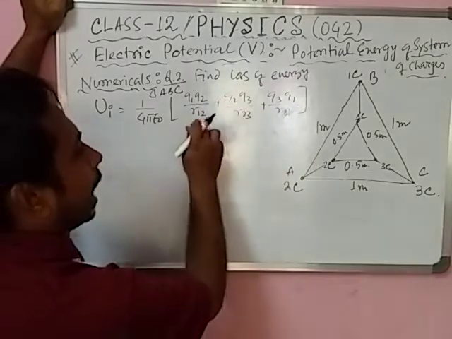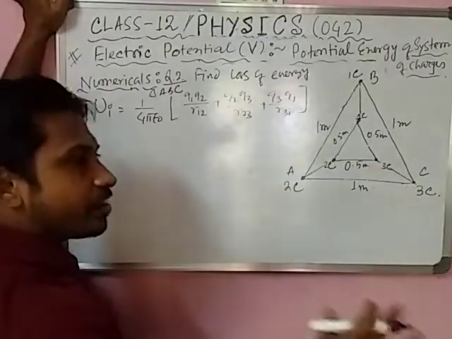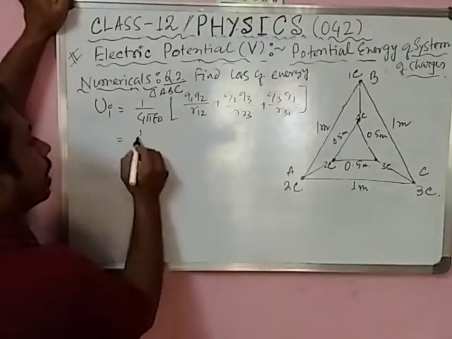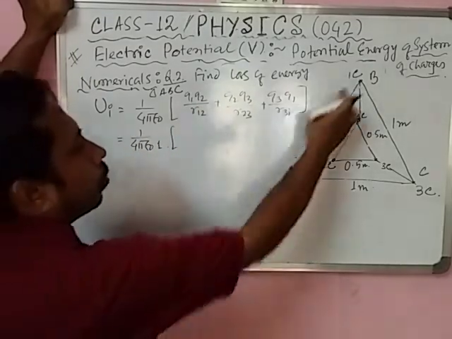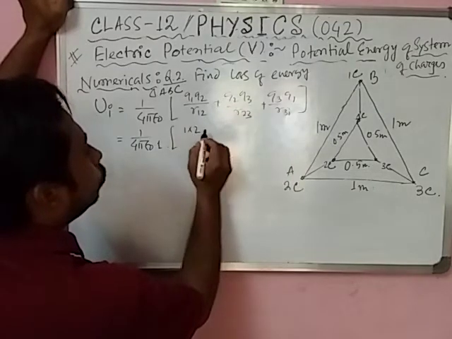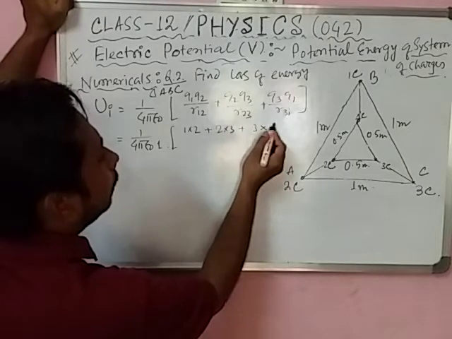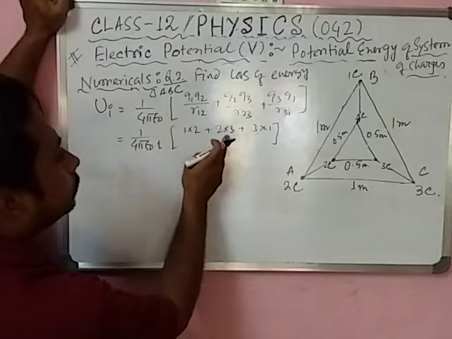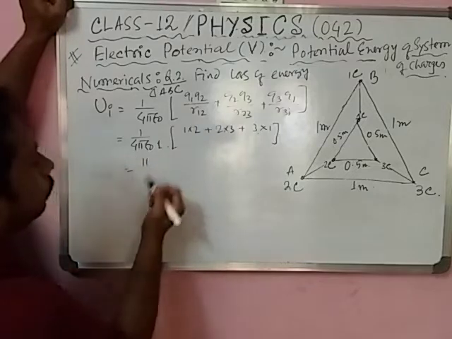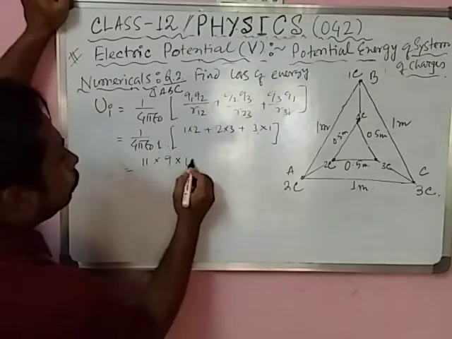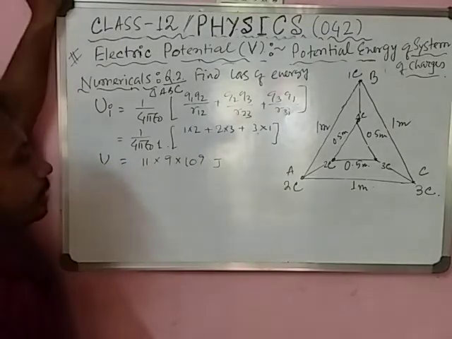All the distances are the same, R12 equal to R23 equal to R31, because every side is 1 meter, because it is an equilateral triangle, so you can keep R outside. So 1 by 4 pi epsilon naught into 1, distance 1, and put the value of Q1 Q2: 1 into 2 plus 2 into 3 plus 3 into 1. How much? 2, 6, 3. 6 plus 2 is 8, plus 3 is 11. So you can write 11, and you know the value of 1 by 4 pi epsilon naught, that means 9 into 10 to the power 9, that much joule. Okay, every unit in SI, so you can write 11 into this.